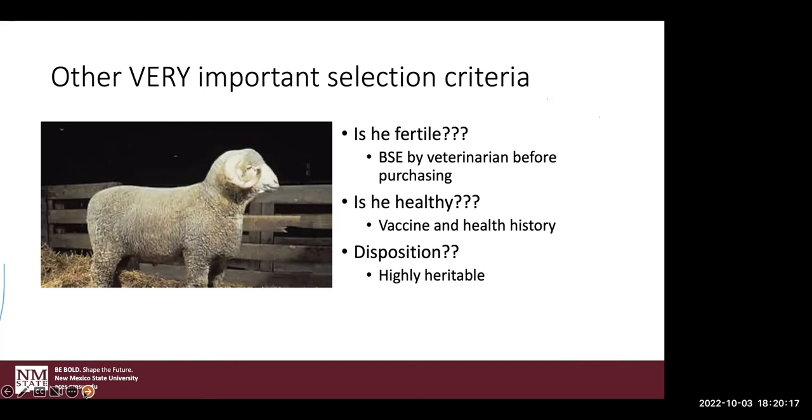It's not as big an issue in the sheep industry, I don't think, but if you have high-strung animals, whether they be ewes or rams, that makes their offspring high-strung, and that ultimately impacts reproduction if they're replacement ewes, performance if they're feedlot animals. And so it just has a negative consequence all around. So be mindful of disposition. Next slide.